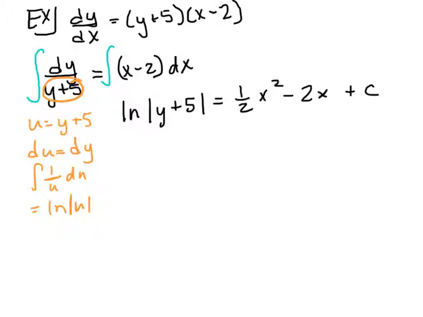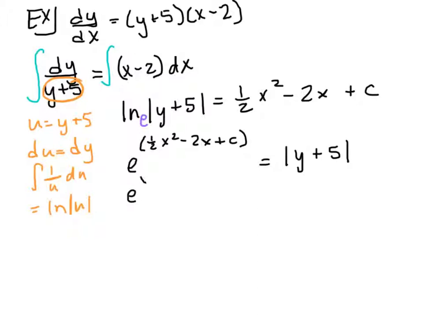So remember, just like in the last example, this is a base e, so we can rewrite this in exponential form as e to the this whole polynomial equals y plus 5. I'm just going to change the left a little bit. This is the same thing as e to the x squared over 2 minus 2x times e to the c, which is the same thing as just some other constant, equals y plus 5.